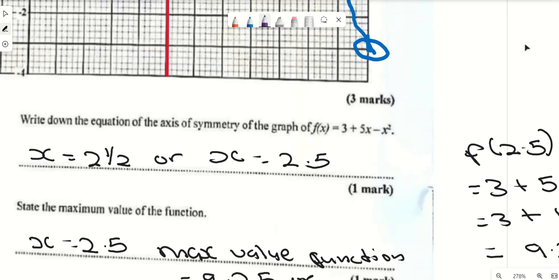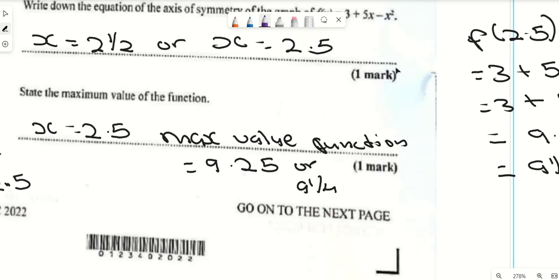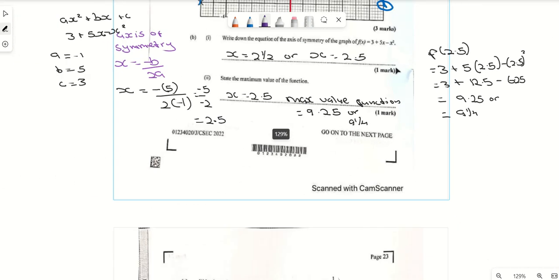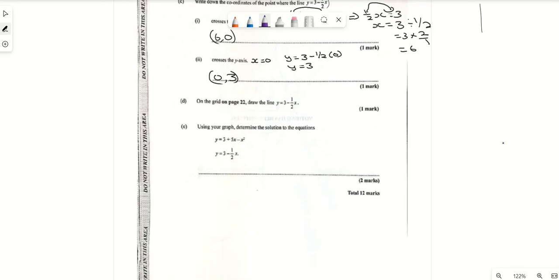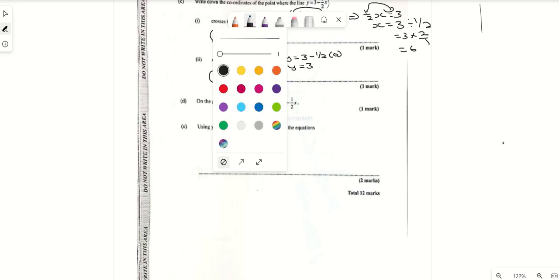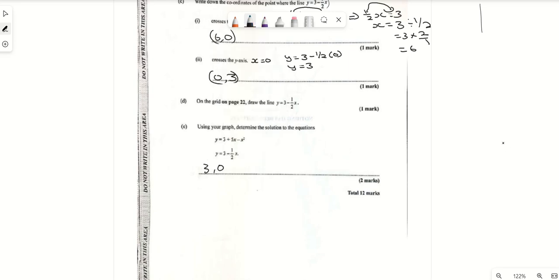Right, so my coordinates where they intersect was 3, 0, which was pretty easy to find out. Right, 3, 0, that just means x was equal to 3 and y was equal to 0.